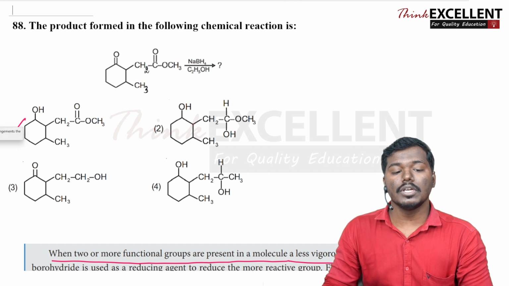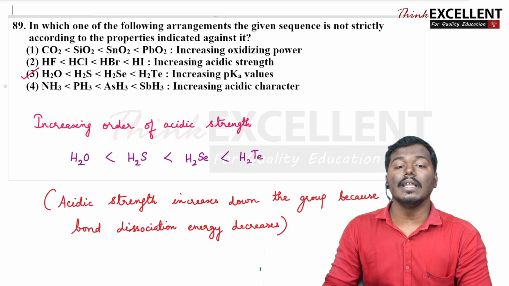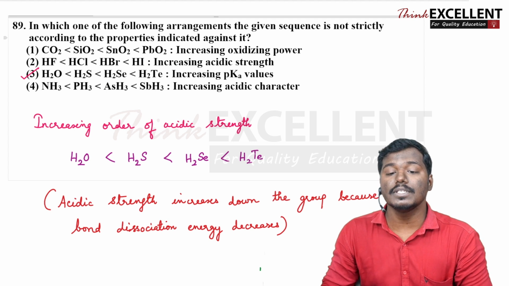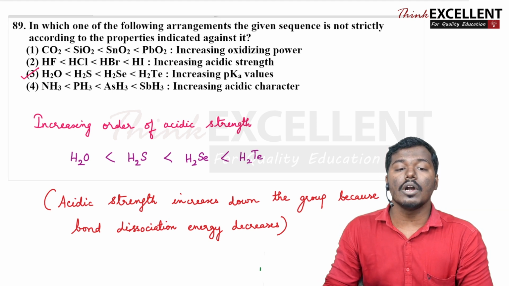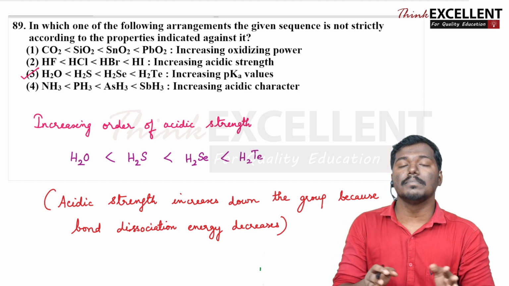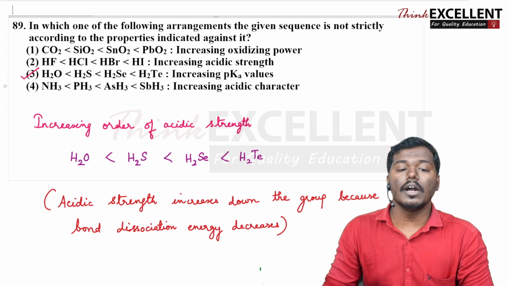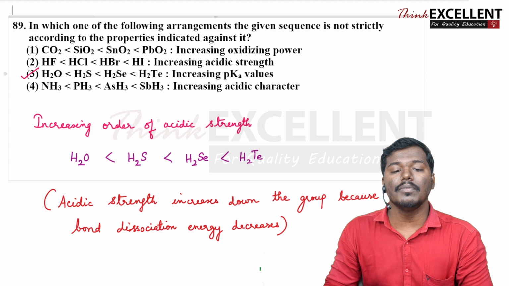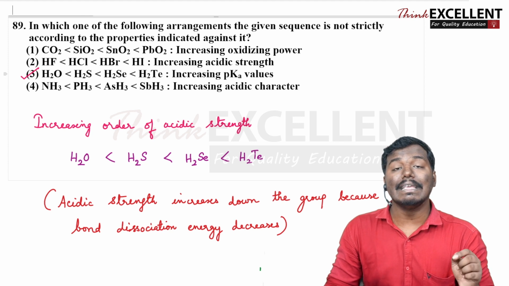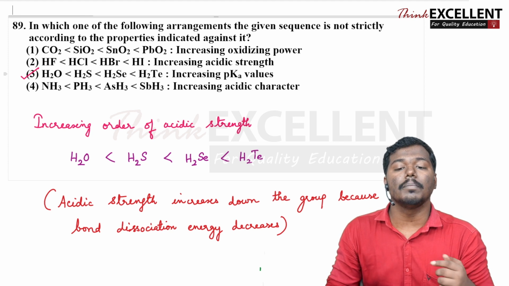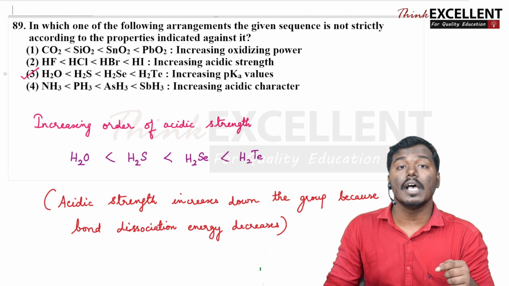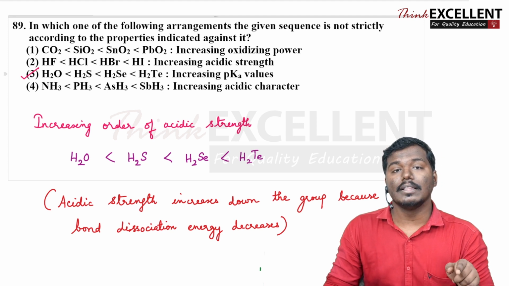Okay, so question number 89, in which of the following arrangements the given sequence is not strictly according to the properties indicated against it. So it is the general properties based on the periodic classification appdinu eduthikalam. Inga pathina third option la, the arrangement which is given, they given the increasing pKa values appdinu kuduthirukanga. It is the group number 16, that is the chalcogens, which form the hydrides.